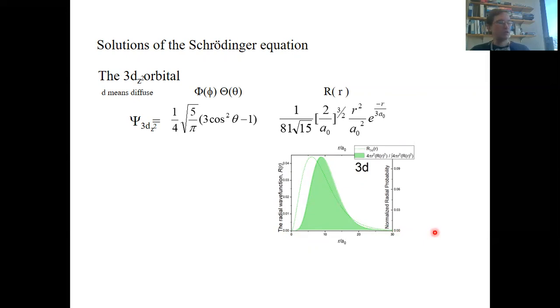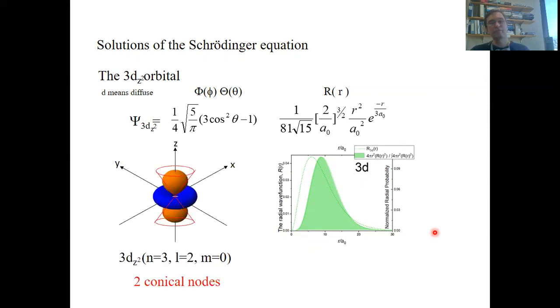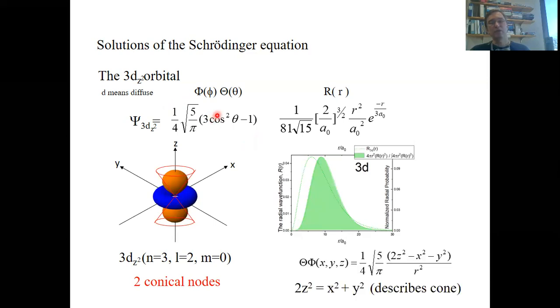All right, let's turn our focus to the angular part of the wave function. In this case, the angular part of the wave function defines what is called a conical node.